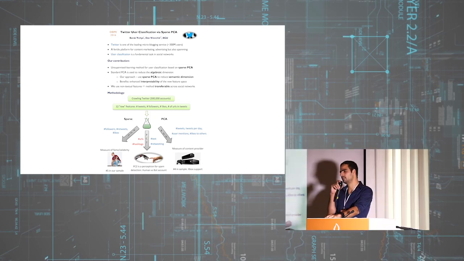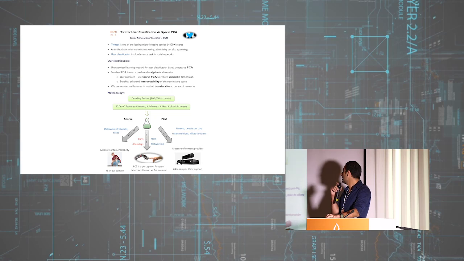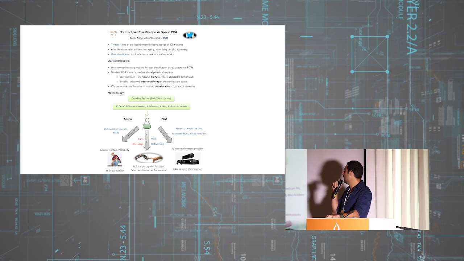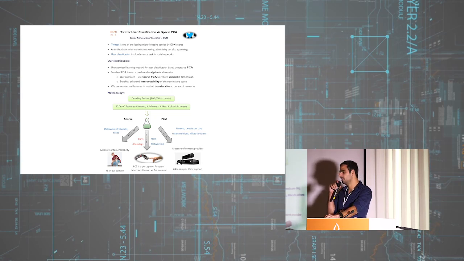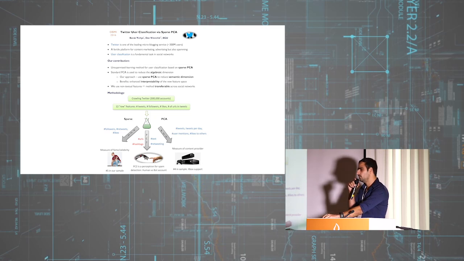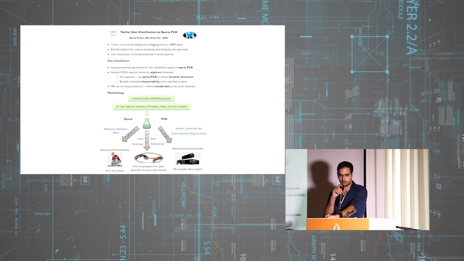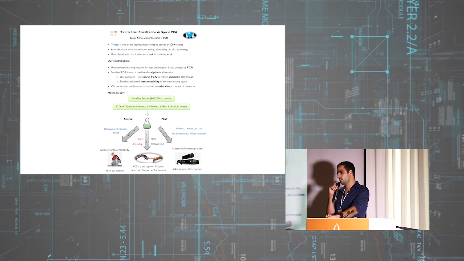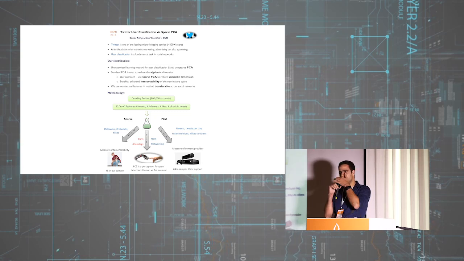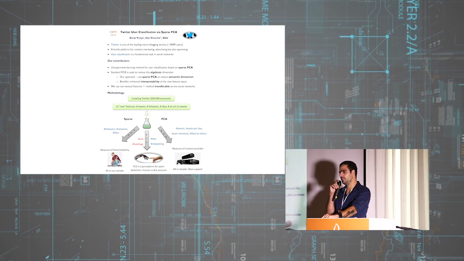Then we did a principal component analysis on these features to reduce the dimension problem from 12 features to only 3 dimensions. On top of this PCA, we also did sparse PCA in order to reduce the semantic dimension problem, so we are left with only a few features in each component.